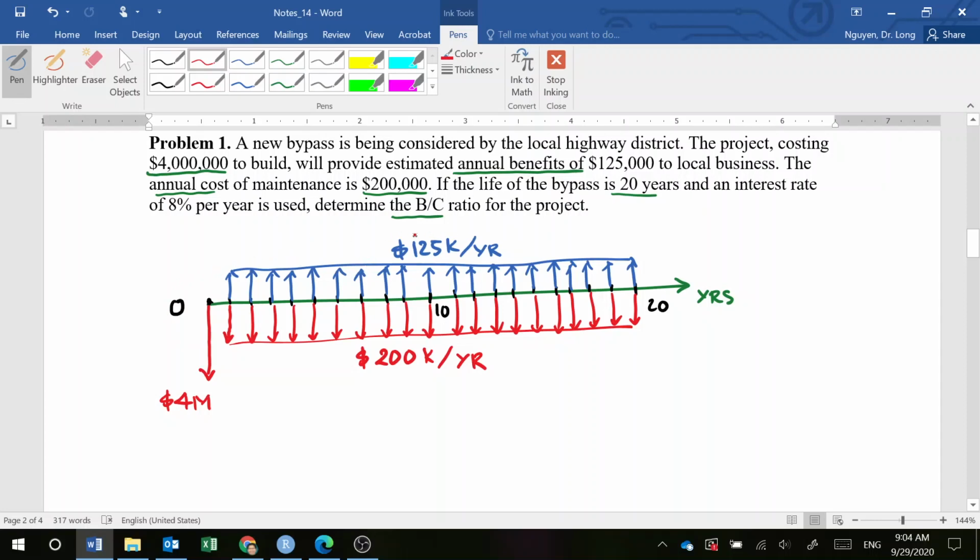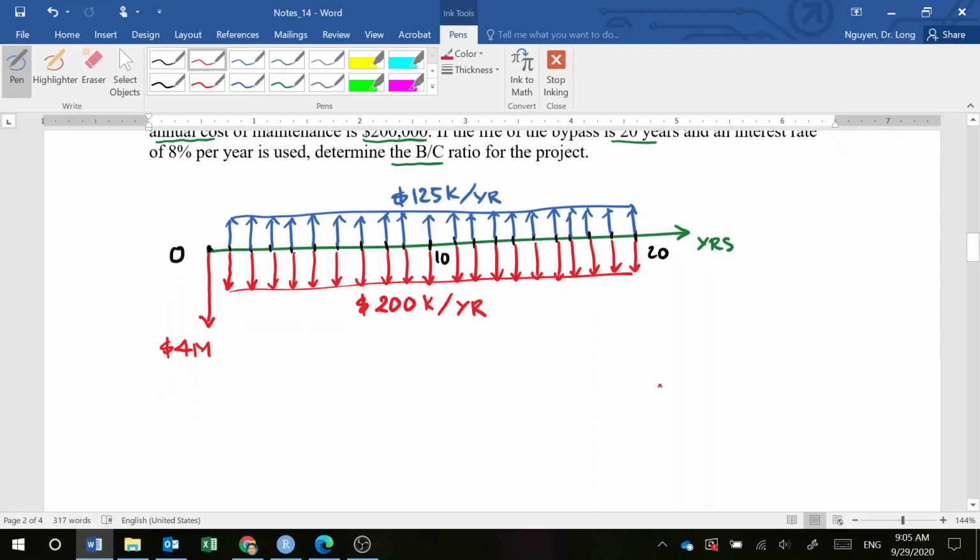The equivalent present value of 125,000 per year at time 0 is compared with the costs, including the initial cost of 4 million at time 0, and the 200,000 brought back to time 0, the operation and maintenance cost at present value. You can do that, but here I use the annual values on a common unit basis to compare.